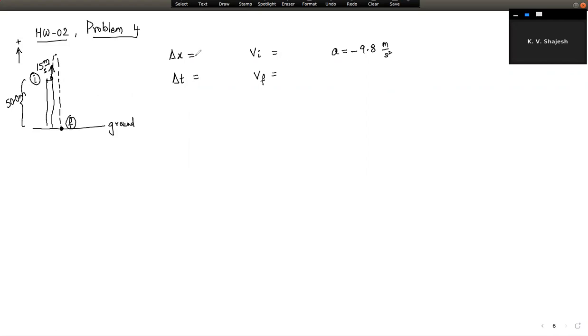So delta x is x final minus x initial, and it is a displacement. Notice even though it goes up and then comes down, we don't worry about that. It negates itself. It is only the final minus initial, and final is lower and initial is higher. So it is going to be a negative number. So that's negative 50 meters.